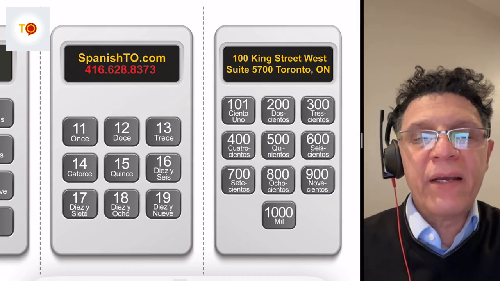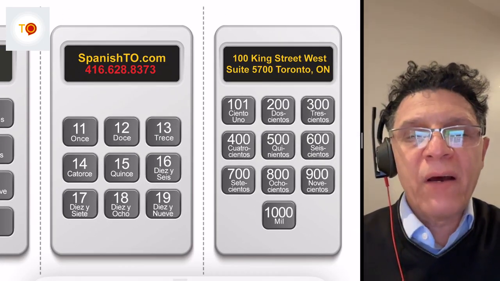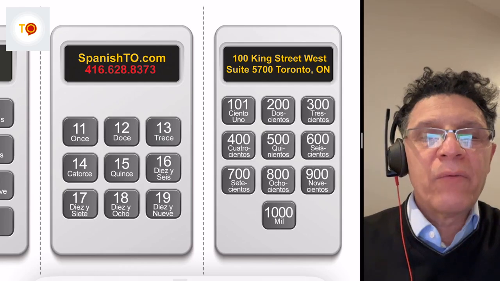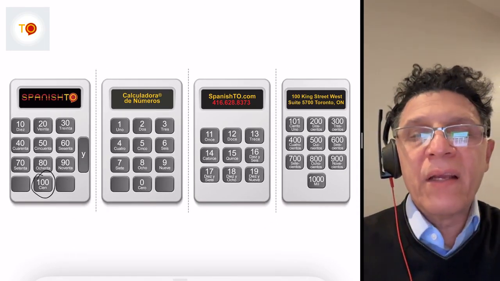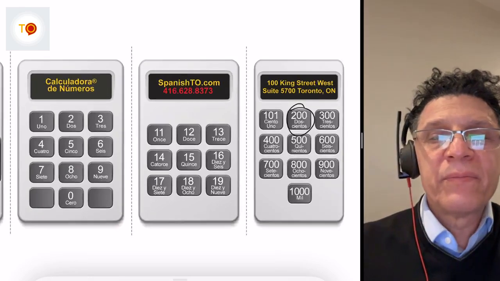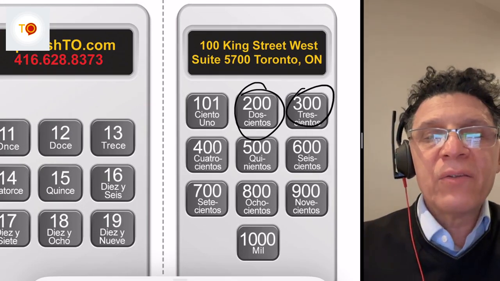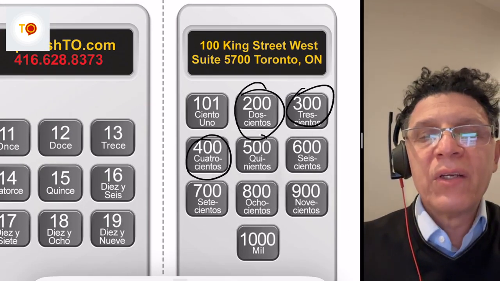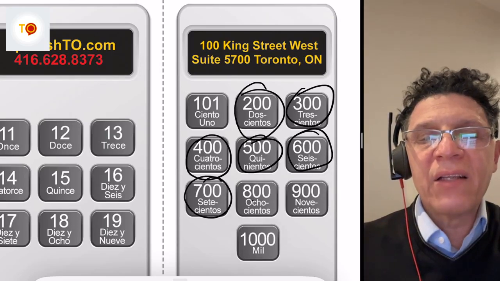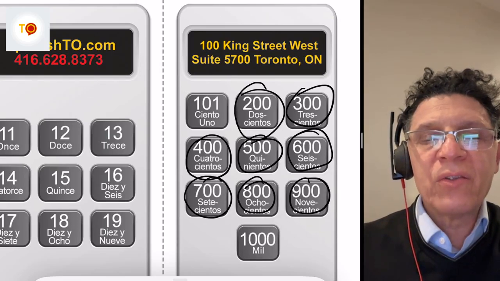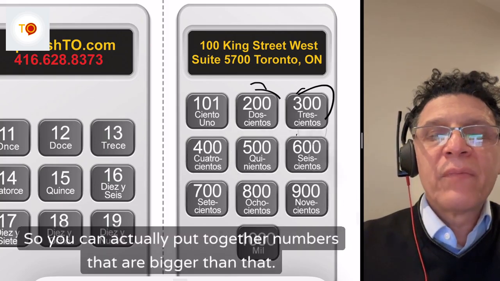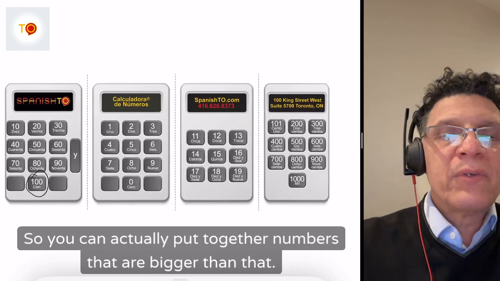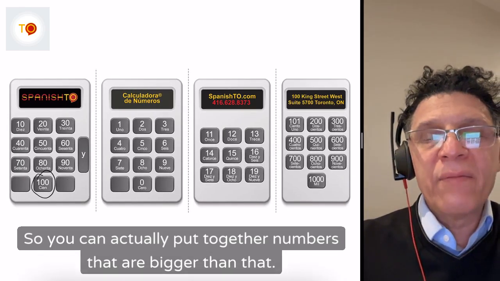In terms of the multiples of 100, we have before 100, and then 200, 300, 400, 500, 600, 700, 800, 900. So you can actually put together numbers that are bigger than that.